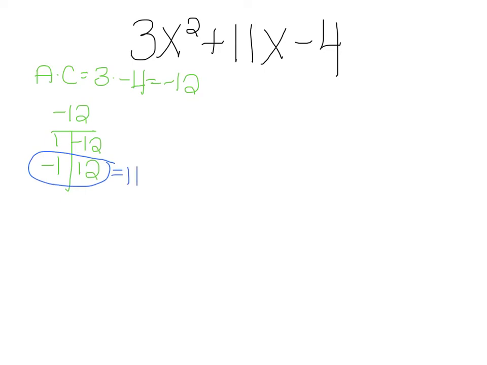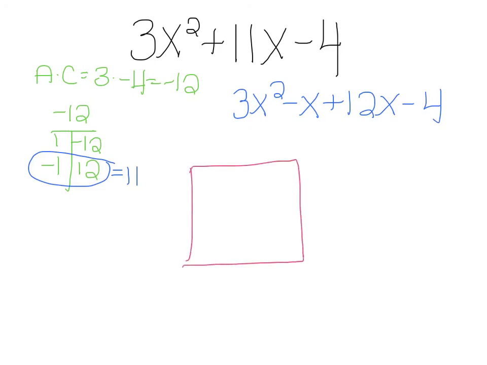So these are my numbers. So I'm going to have 3x squared minus x plus 12x minus 4. So I'm going to make my box and fill in my area. We have 3x squared, we have negative x, we have 12x, and we have negative 4.